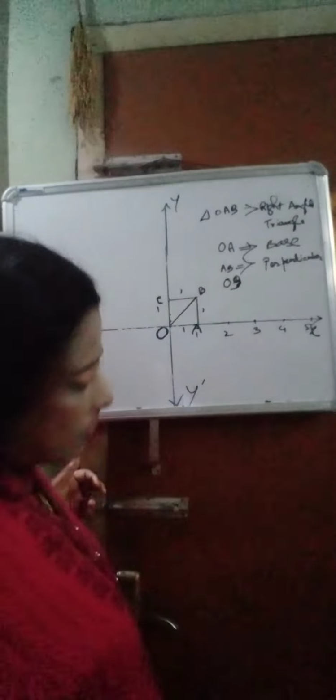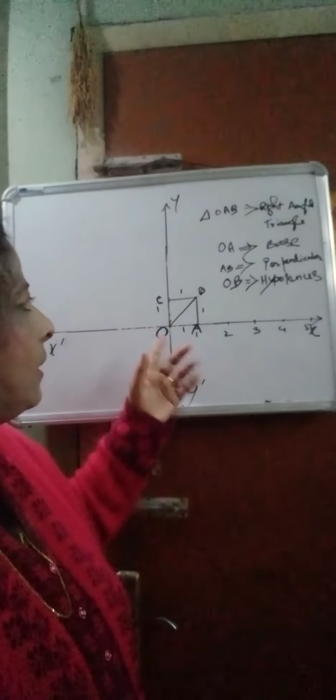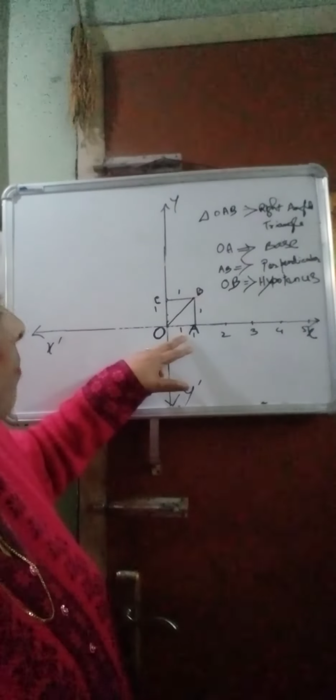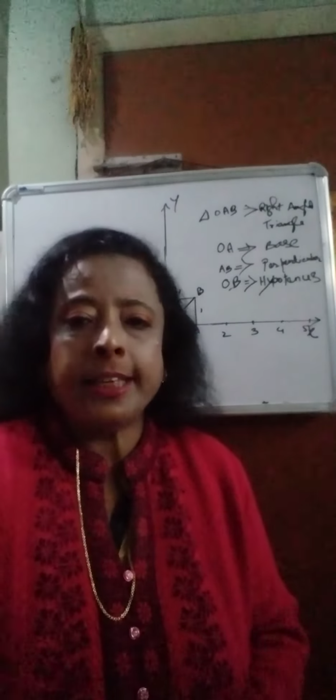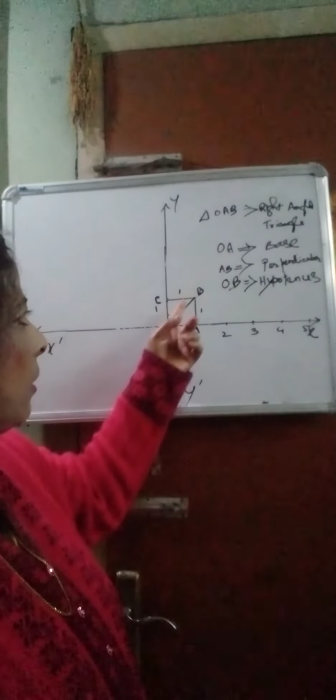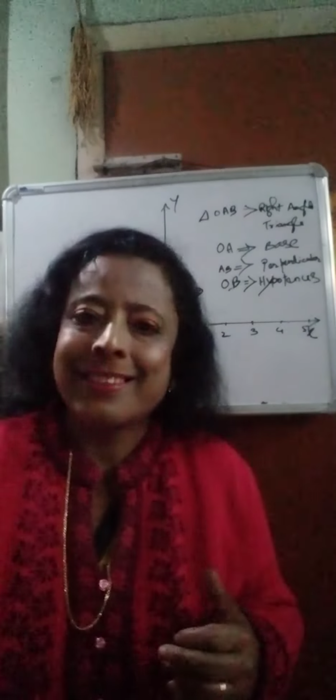What is the definition of hypotenuse? In a right angle triangle, the hypotenuse is the side of the triangle which is opposite to the 90-degree angle.